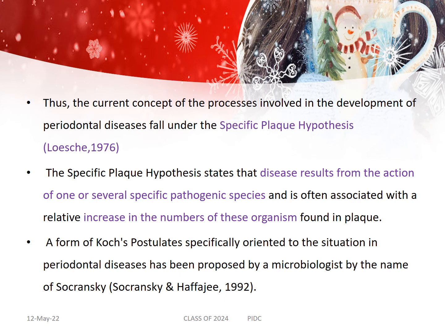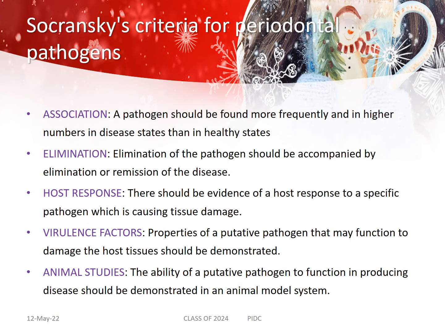In short, it states that the disease results from the action of one or several specific pathogenic species and is often associated with a relative increase in the number of microorganisms. If a bacterium has to become a periodontal pathogen, it has to satisfy five criteria: association, elimination, host response, virulence factors, and animal studies.